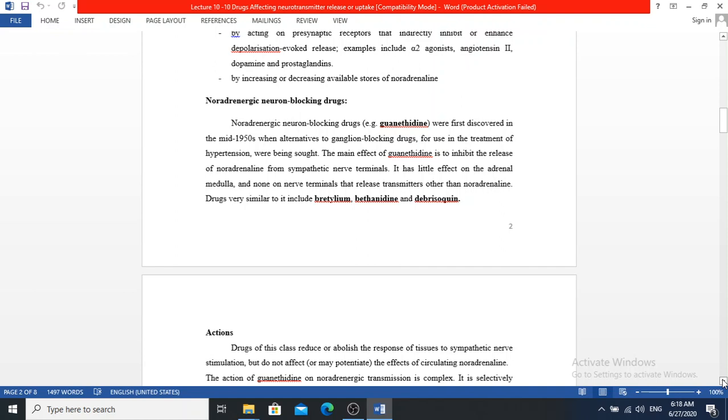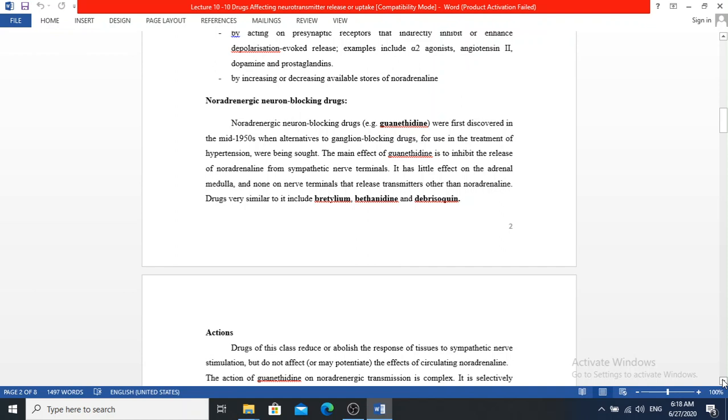It has little effect on the adrenal medulla and none on nerve terminals that release transmitters other than noradrenaline.